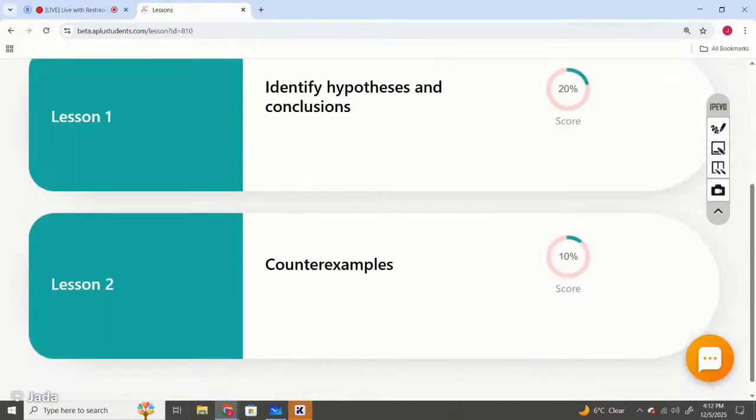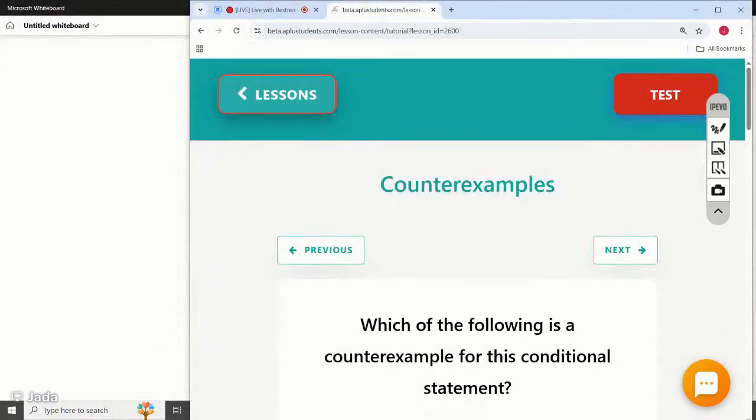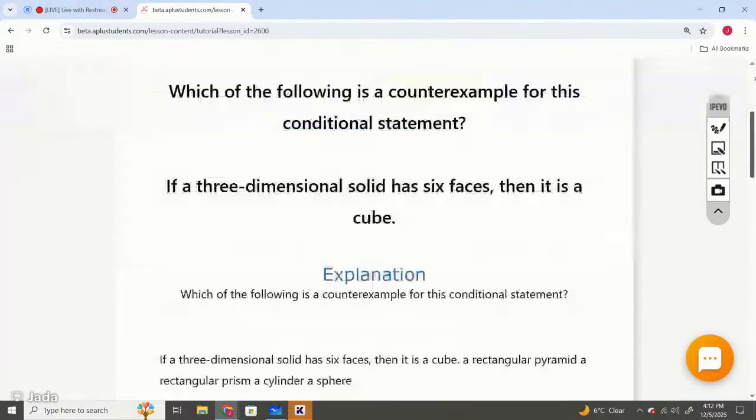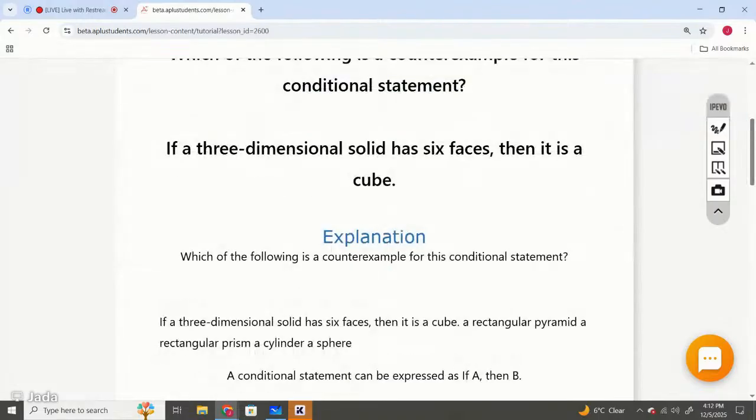The next lesson is counter examples. Which of the following is a counter example for this conditional statement? If a three-dimensional solid has six faces, then it is a cube.